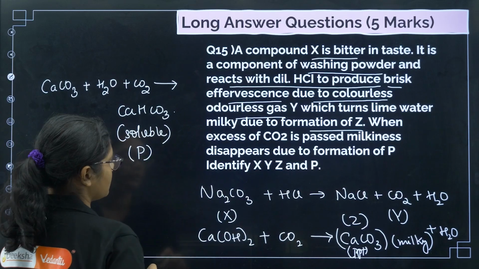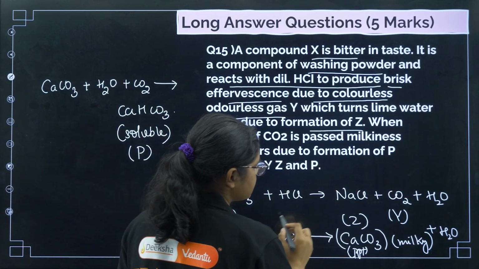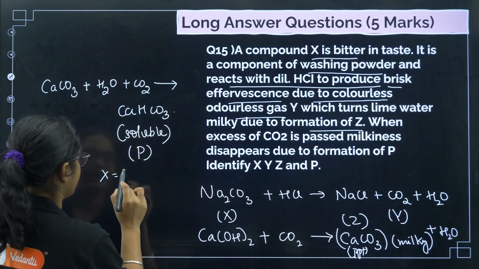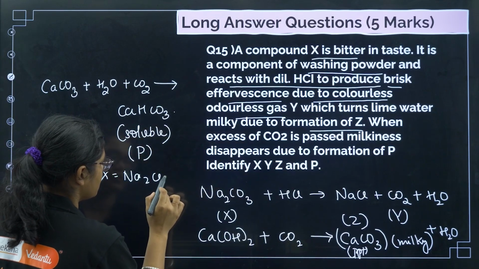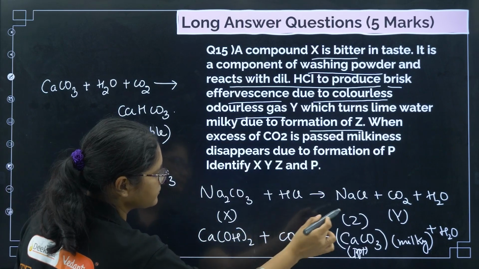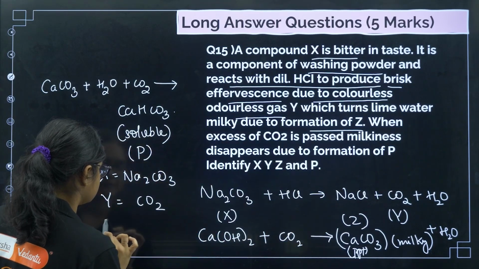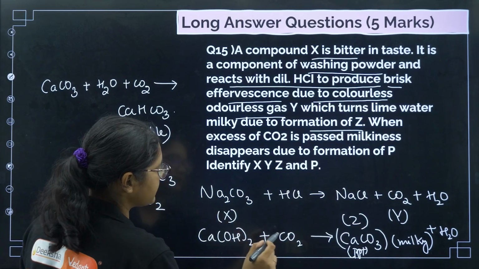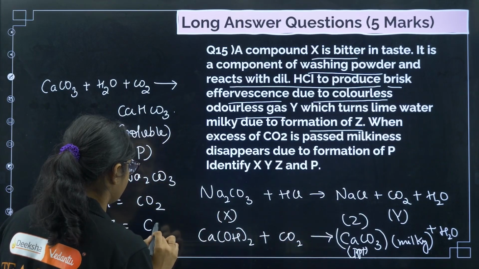Okay, identify X, Y, Z and P. So what is our X? X is sodium carbonate, right? Y is carbon dioxide. Z is calcium carbonate.